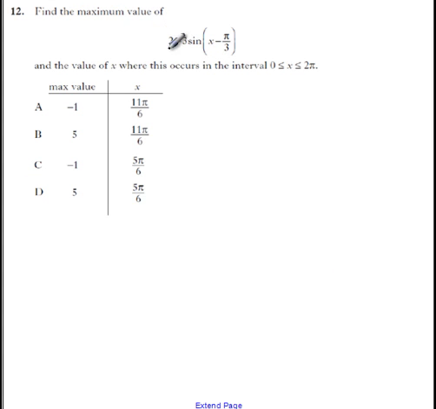So we have to find the maximum value of 2 minus 3 sine, and in brackets x minus pi by 3. First thing I'm going to do is to change the order of this round and write it as minus 3 sine x minus pi by 3 in brackets plus 2.